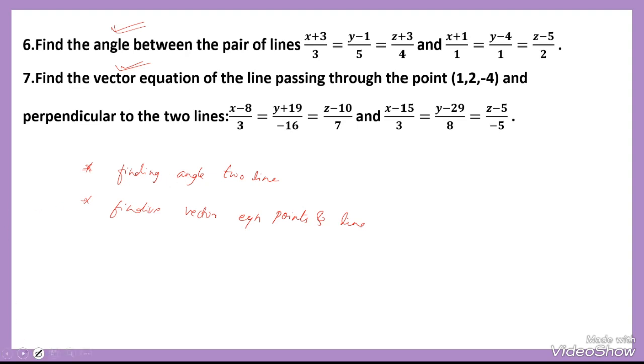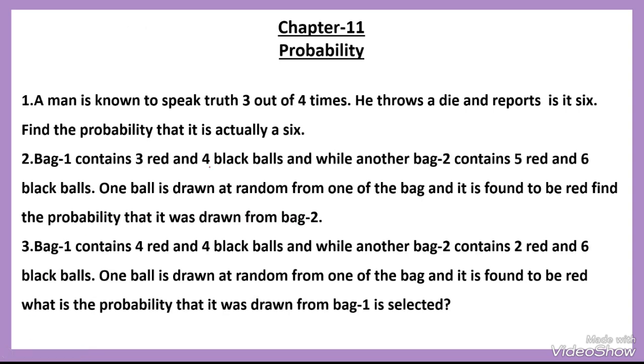Then the last question, the ninth question, is from probability. Question number 9 will be from probability. By this probability concept, one definite 3 marks question will be asked for examination. An easy question will be asked from this concept.